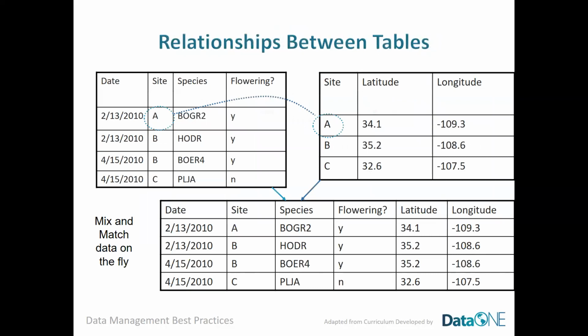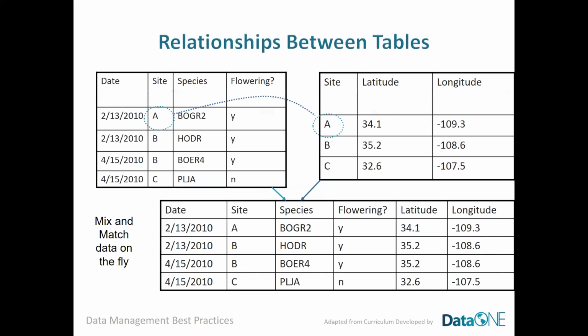Relationships can also be defined between 2 sets of data, or in this example, between 2 tables within the relational database. Suppose that you have 2 tables used in the plant phenology study, one for observations and one for sites, and you want a table that contains both observations and the latitude and longitude of your sites.